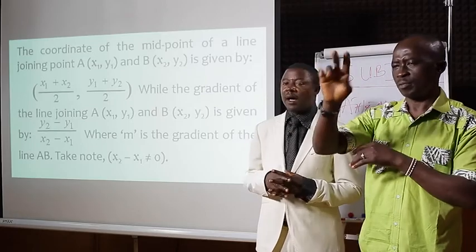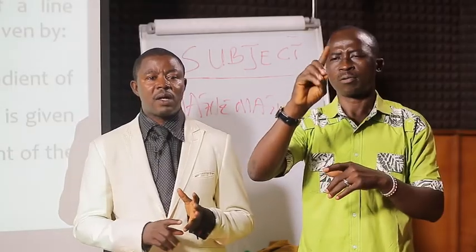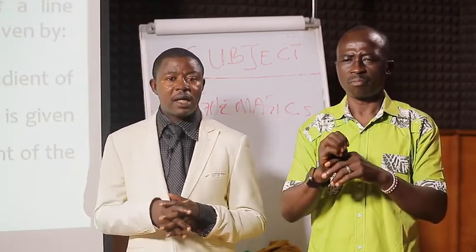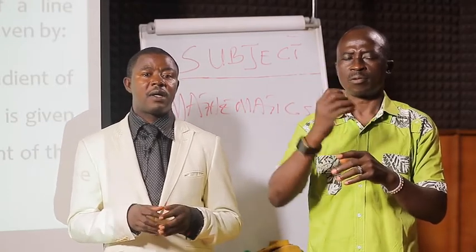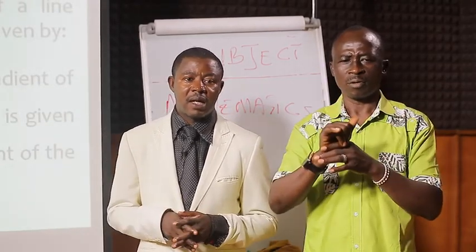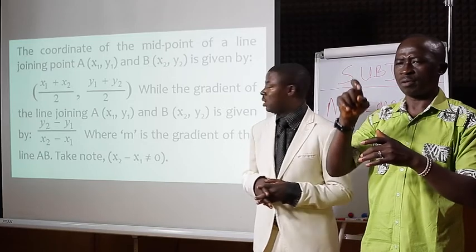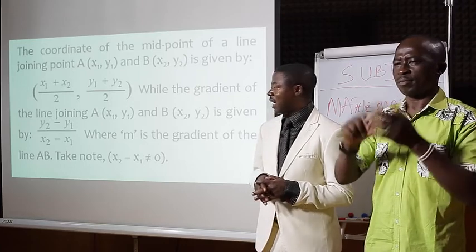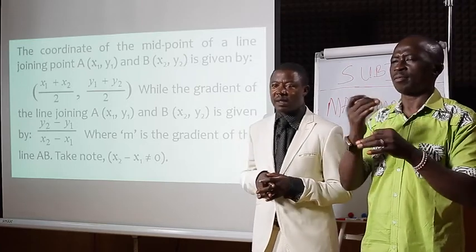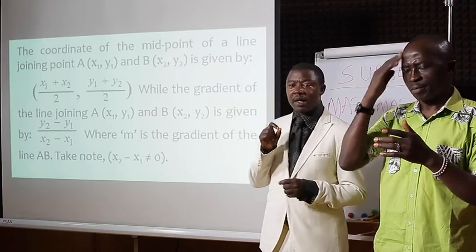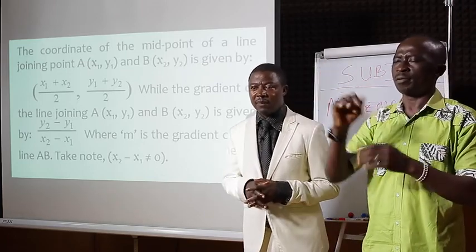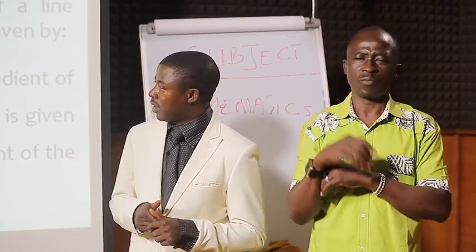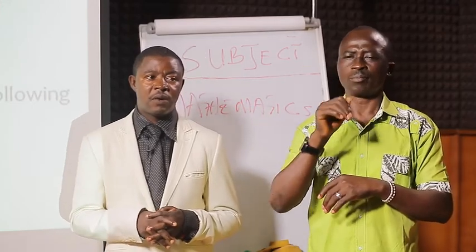The gradient, which is equally called slope, or tangent, is the ratio of the increase in the y-axis to that of the x-axis, so it is (y2 minus y1) over (x2 minus x1). These are the formulas we have determined from the beginning. The gradient is denoted by the letter M, and your denominator must not be equal to 0.